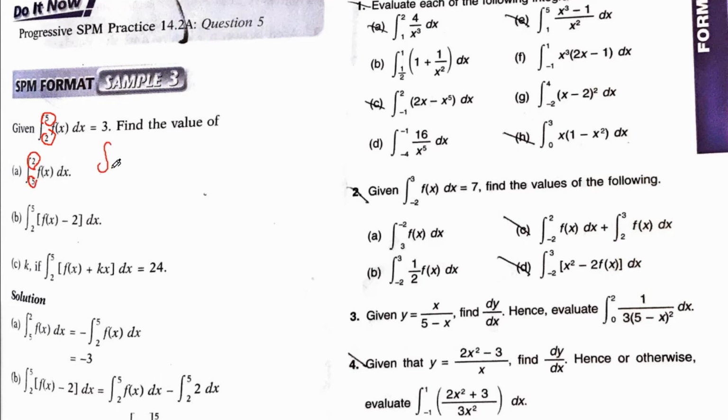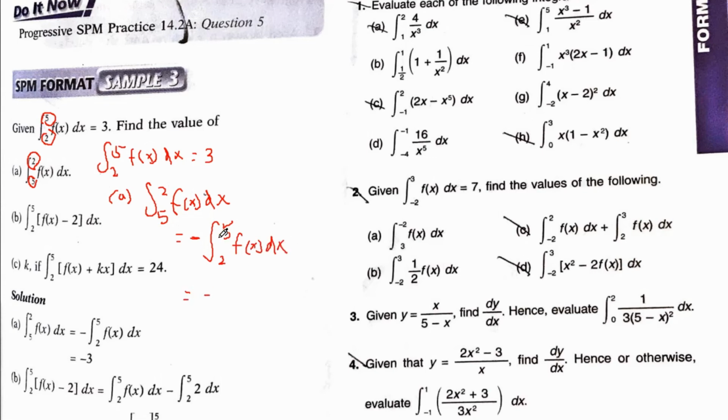So for part A, integrate from 5 to 2 of f(x) dx, you can use rule number 3 just now. Put a negative outside, then these 2 limits we can switch, so from 2 to 5 of f(x) dx. So negative, this is 3, negative 3.